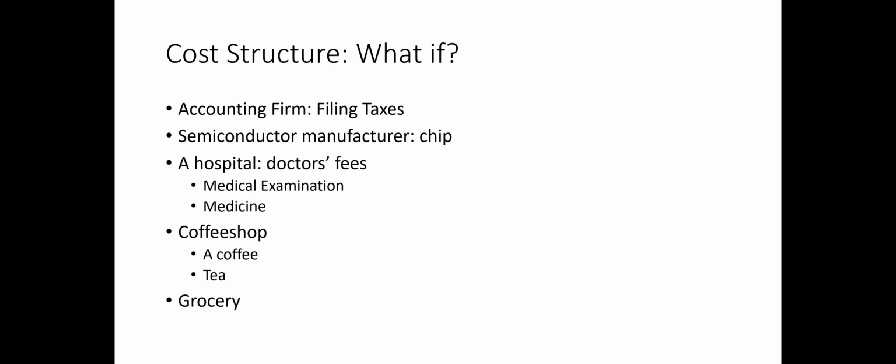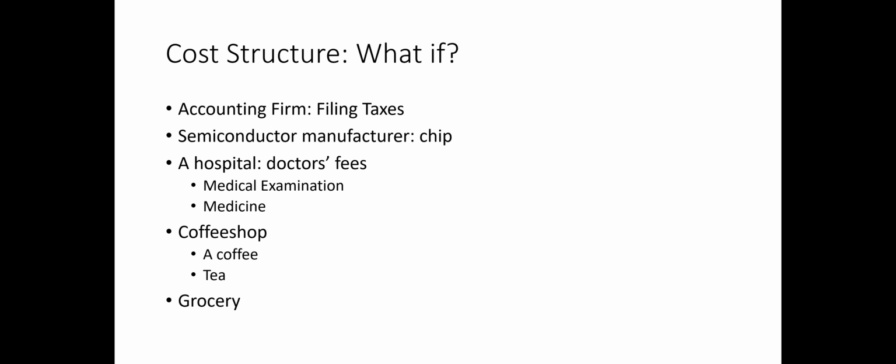So what is the cost structure in case we have an accounting firm and this accounting firm offers filing taxes? Or it's a semiconductor manufacturer and they are doing chips, and then what is their cost structure? And what if it's a hospital, doctor's fees or medical examinations or medicines we buy from pharmacies?